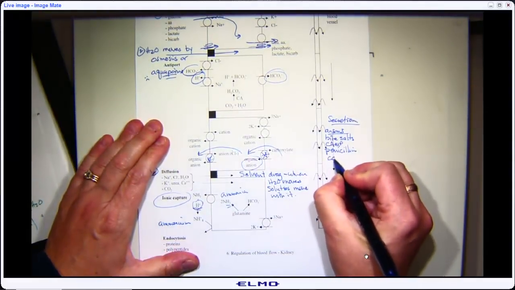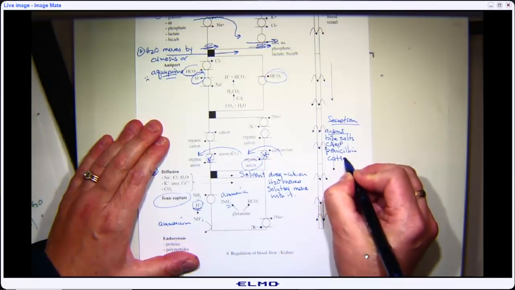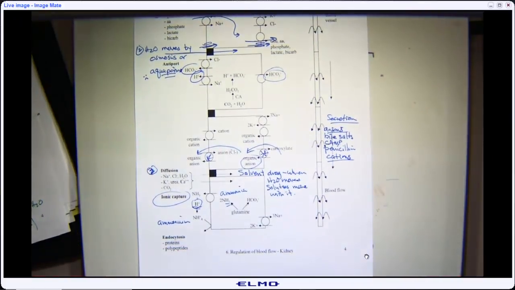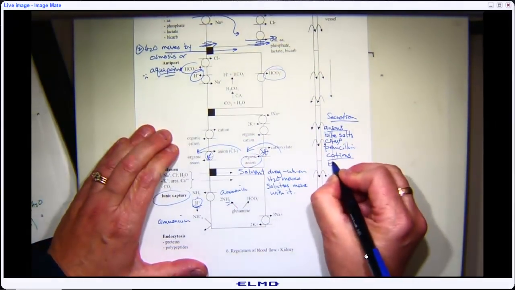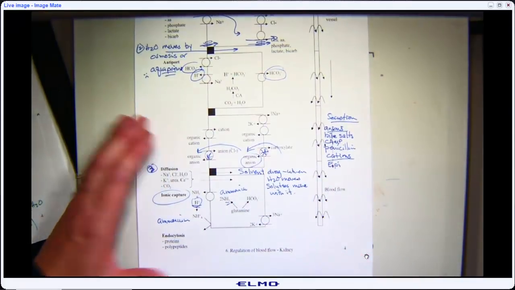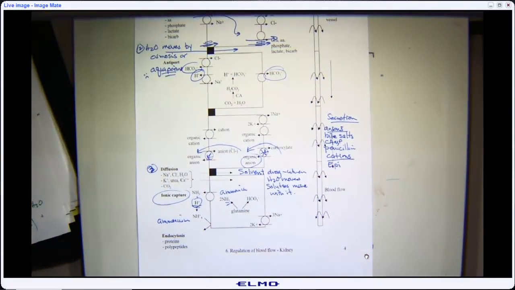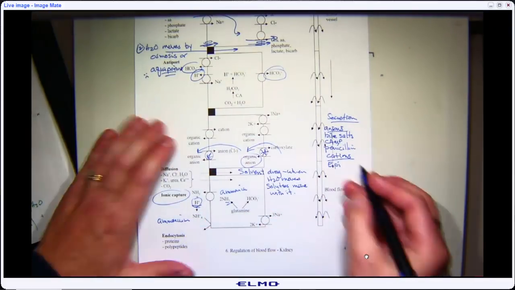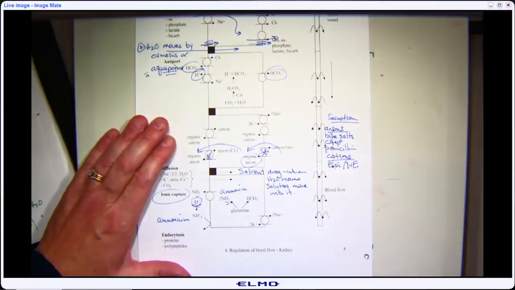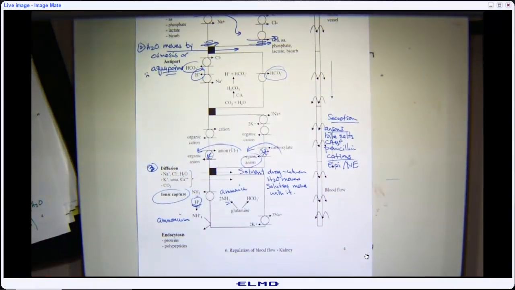The same is set up for cations. Things we would normally experience, like this is how we get rid of epinephrine and norepinephrine. Remember, we've been increasing epinephrine and norepinephrine in the body for a long time to help us regulate mean arterial pressure. But we've got to get rid of it. So the kidney helps us with that.